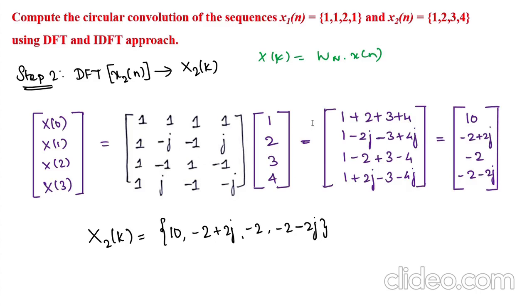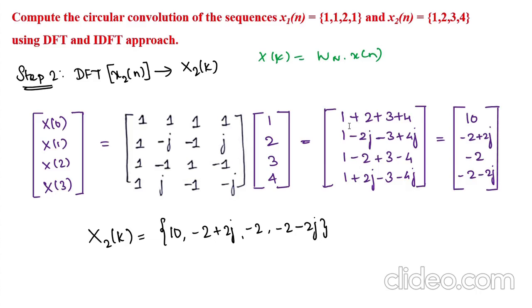Now here 1 into 1 is 1, minus 1 into 2 is minus 2, 1 into 3 is plus 3, minus 1 into 4 is minus 4. Finally, in this row, 1 into 1 is 1, j into 2 is plus 2j, minus 1 into 3 is minus 3, minus j into 4 is minus 4j.